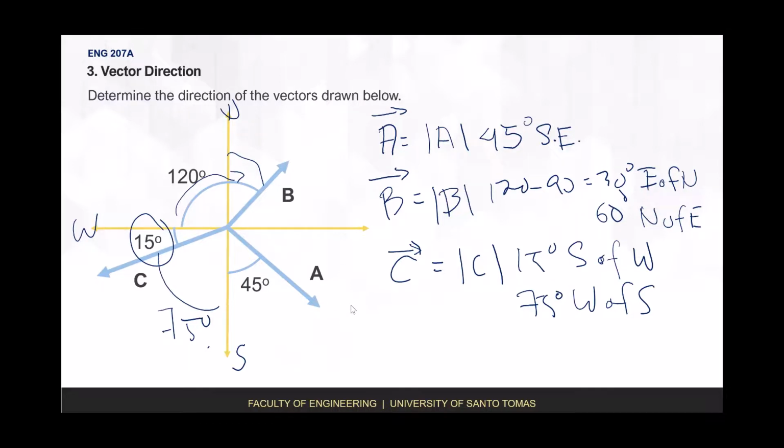Sige. Before I move forward, wait lang, let me check my code. We're gonna go with basic rules ng vector arithmetic. So we've done with the basics, 1, 2, 3. We go with the definition of vectors and wait, my cat is trying to get in. No, you're not gonna get in.